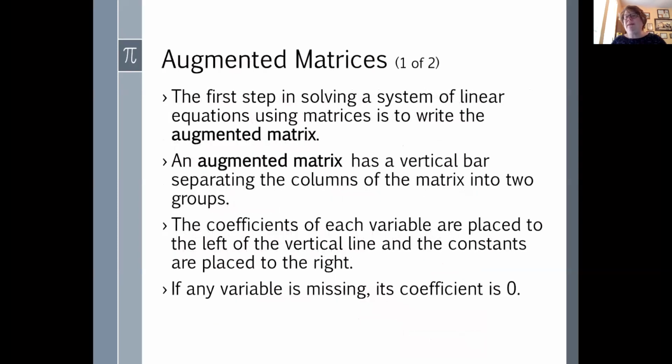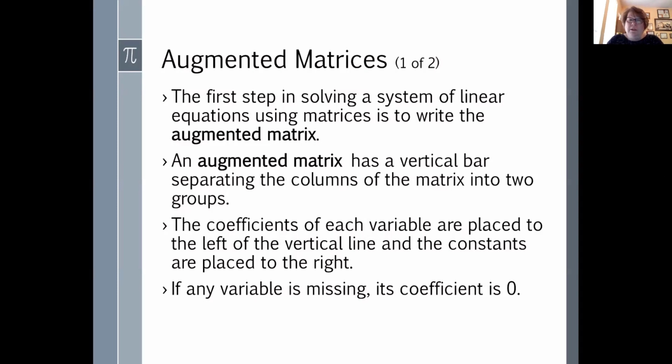All right, what's the augmented matrix? The first step in solving a system of linear equations using matrices is to write the augmented matrix. An augmented matrix has a vertical bar separating the columns of the matrix into 2 groups.